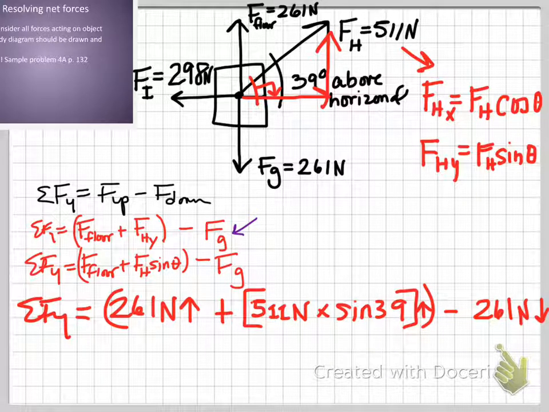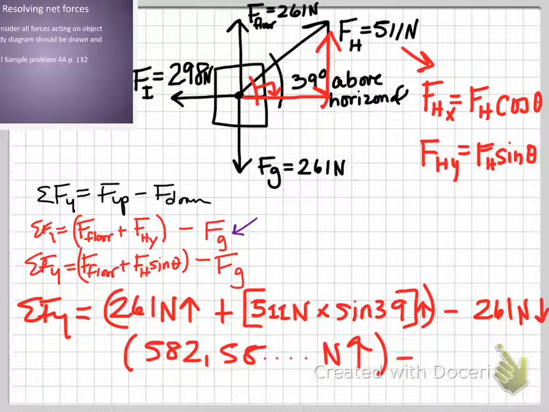Let's get a number for... Okay, so what do we have for a raw number for force of Hannah upward? 321.58, and change. When we add it to the force of the floor, what we get is 582.58 blah blah blah newtons upward minus the 261 newtons downward.